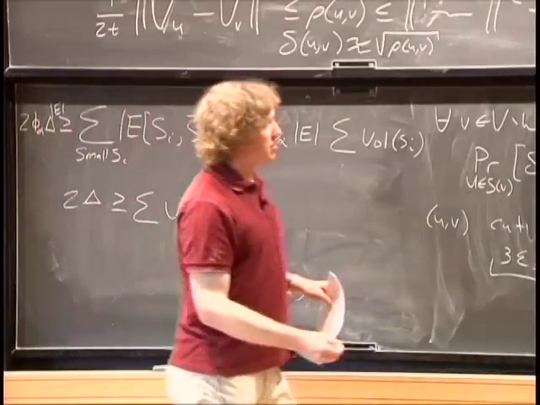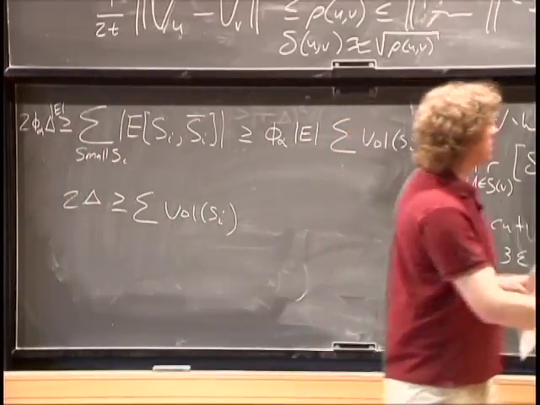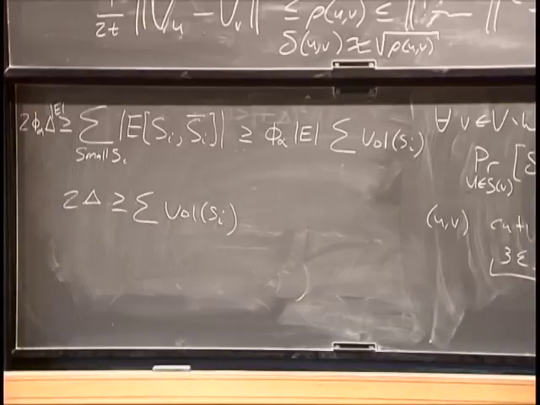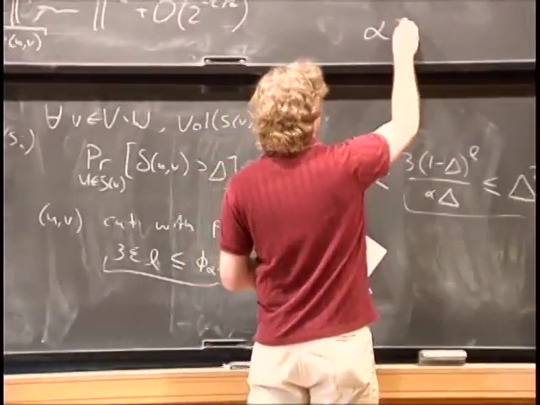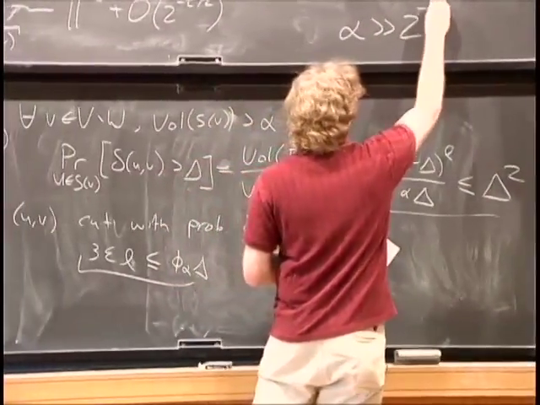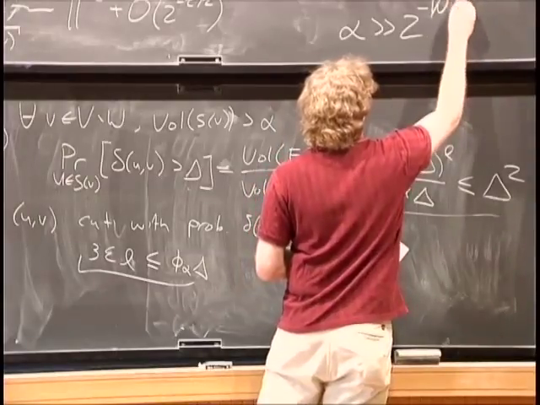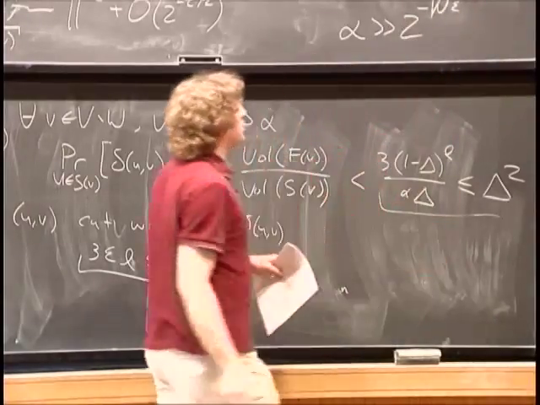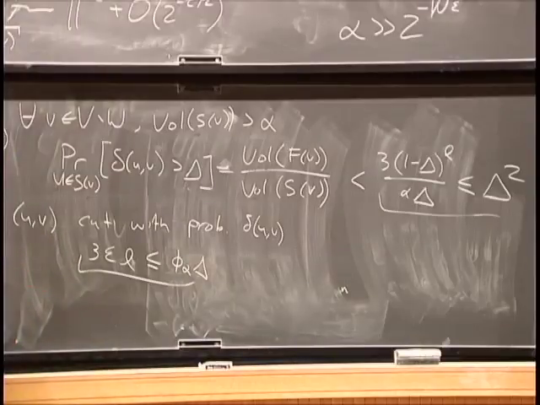You get this sort of trade-off where alpha has to be bigger than something like 2 to the minus 1 over square root of epsilon. Can you do significantly better than this? And this is for something that runs in time 2 to the alpha n, by any means.